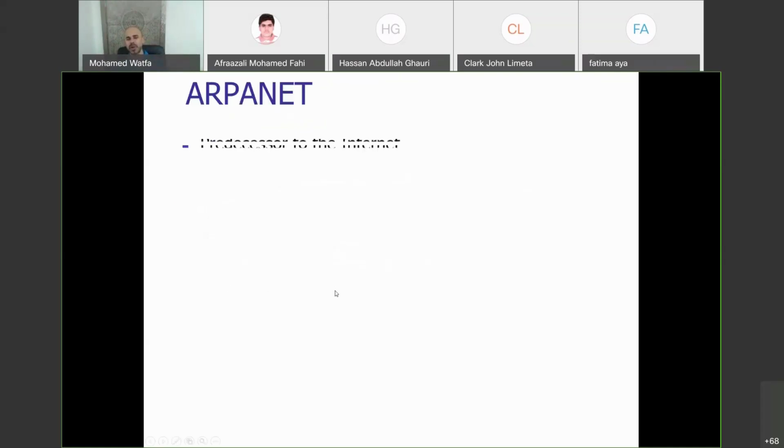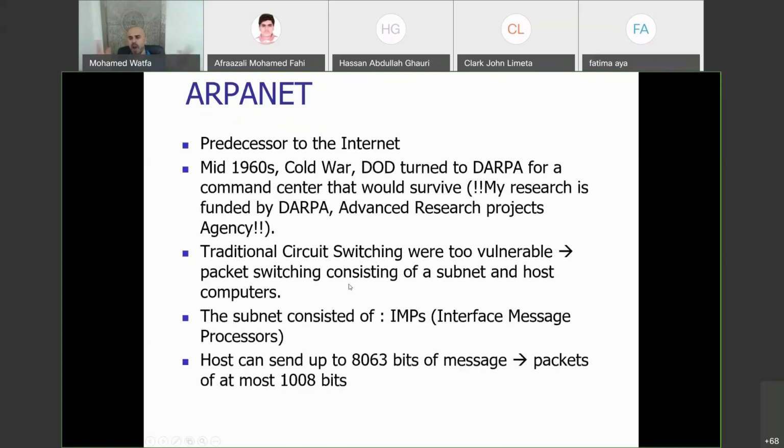Internet started as something called ARPANET. ARPANET is what was developed by ARPA, the Department of Army in the United States. During the Cold War, the Department of Defense said, you know what, we want something to connect all our things together. And DARPA came and funded a big project on this.